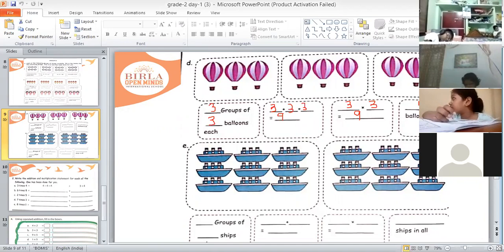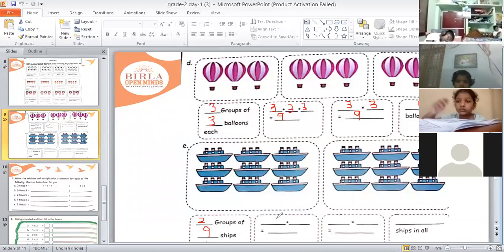Tell me how many groups? 2. There are 2 groups. Okay, very good. And in each group, how many ships are there? 9. So in each group, there are 9 ships. So we will write here 9. So this is 2 groups of 9 ships each.